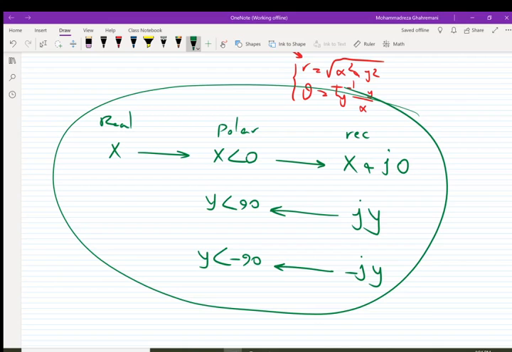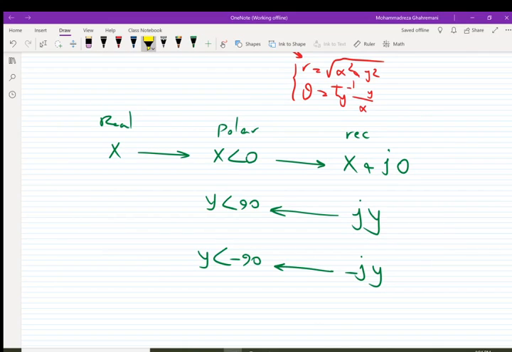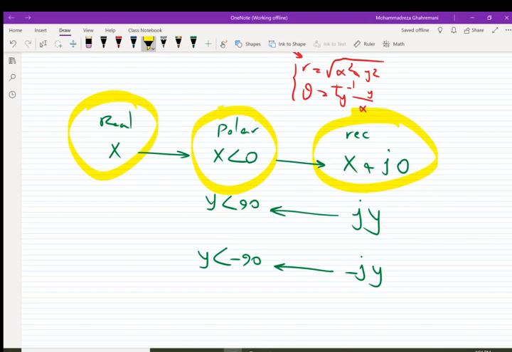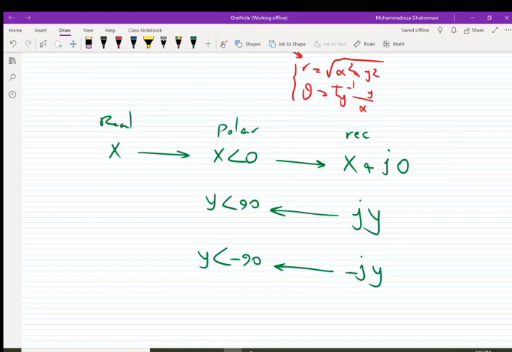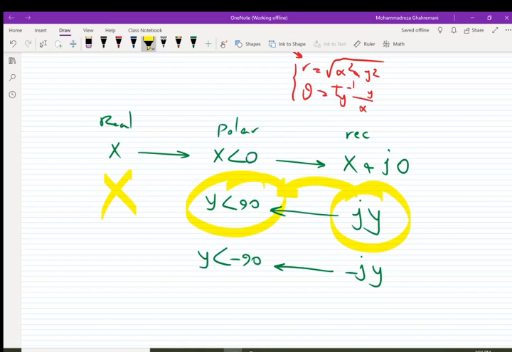If you have any number with the angle of 0, in fact it is a real number and it is a rectangular form like this. If we have a number with only imaginary part, of course it's not a real number, but if we want to convert it to the polar mode, we know that j is equal to 90 degrees.